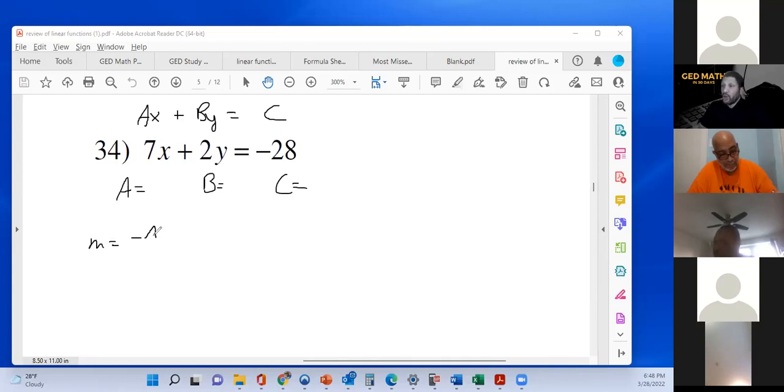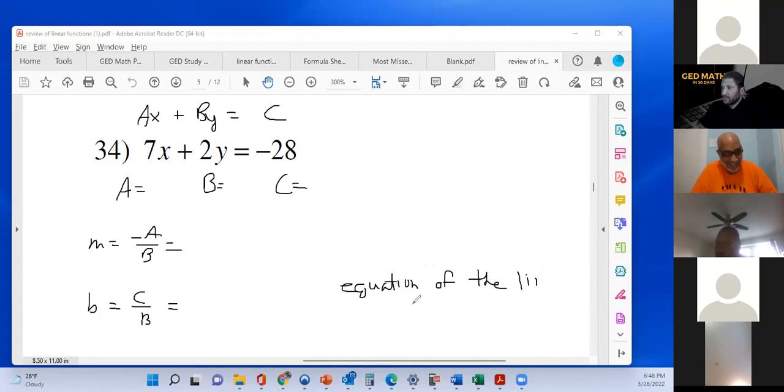I want to know what the slope is, and what the y-intercept is. And then I want to know the equation of the line in slope-intercept form. That's a whole lot.